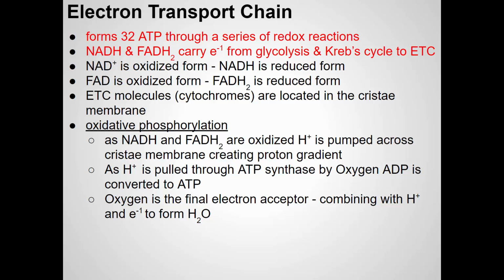Molecules of the electron transport chain, they're embedded in the membrane of the folds of the mitochondria, the cristae they're called. And this electron transport chain works just like the electron transport chain in photosynthesis.